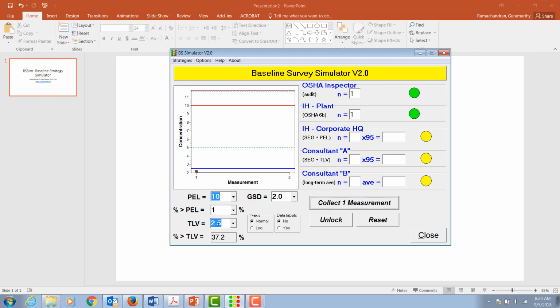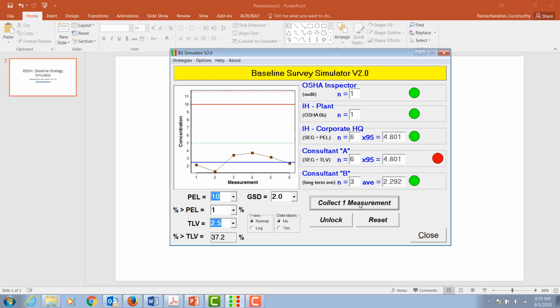So clearly, if we say that the TLV is the appropriate occupational exposure limit, then all these other strategies are going to make the wrong decision, as we can see here. The OSHA inspector, IH plant, IH corporate headquarters, and consultant B are all using the PEL and making the wrong decision.